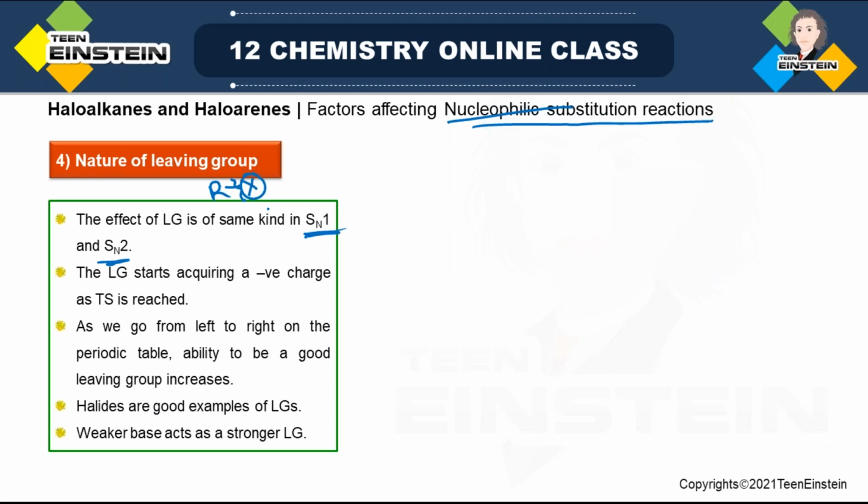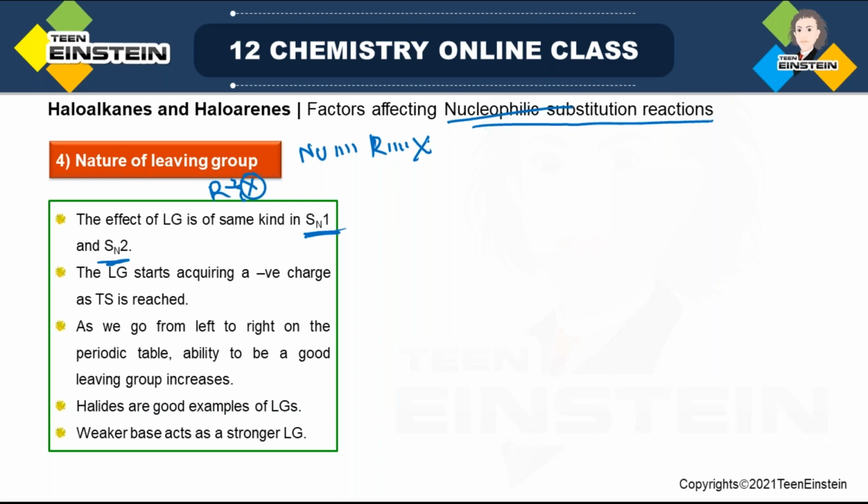And in SN2 also, as it is a single step reaction, if you consider the transition state, the bond between R and X is just starting to break. I am using a dotted line because it has just started to break. And on the other side, the bond between nucleophile and R has just started to form.